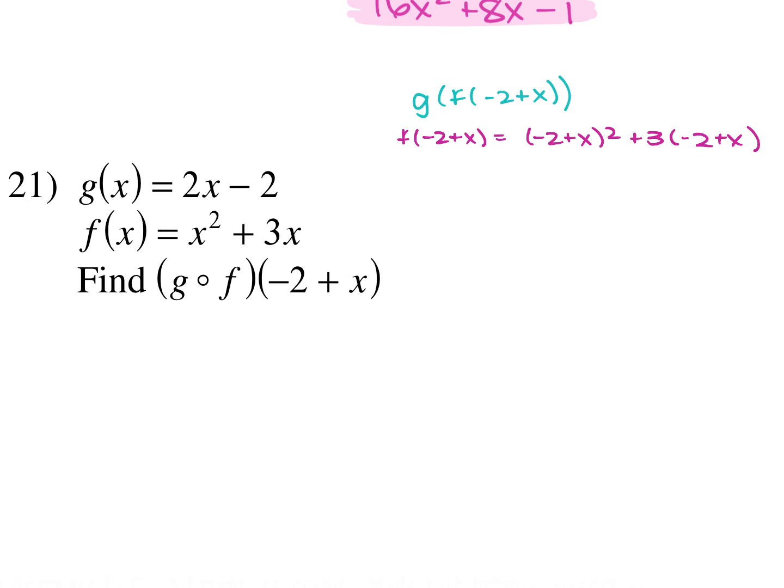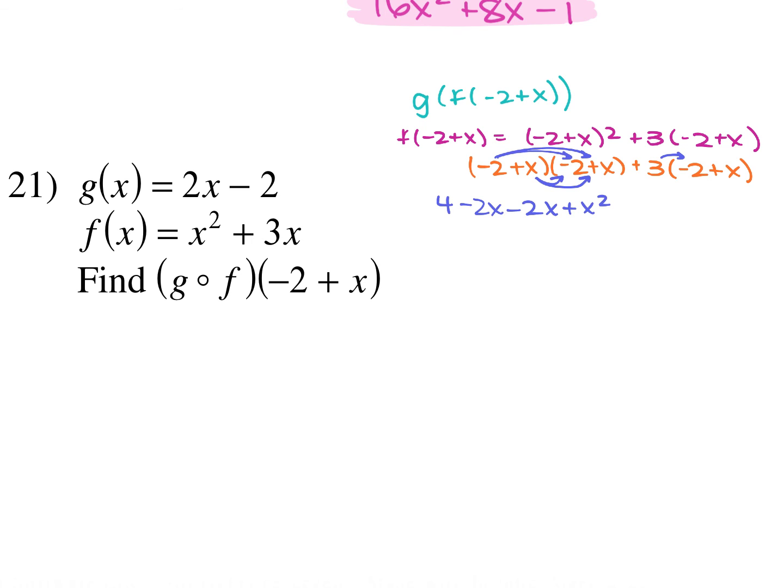Again, we have to take this negative 2 plus x squared and expand it. So you have negative 2 plus x times negative 2 plus x, plus 3 times negative 2 plus x. FOIL and distribute. The negative 2 times negative 2 is 4. The negative 2 times x is negative 2x. x times negative 2 is negative 2x. x times x is x squared.